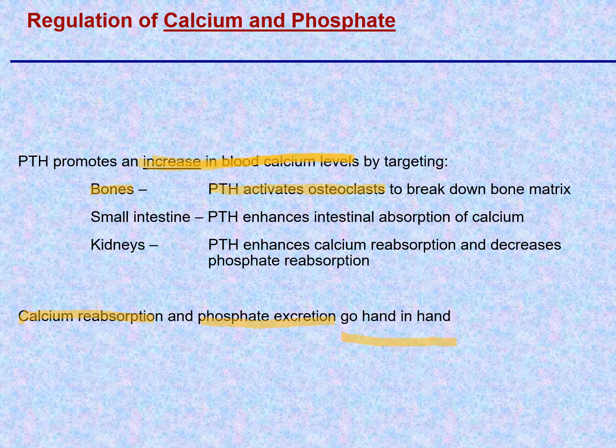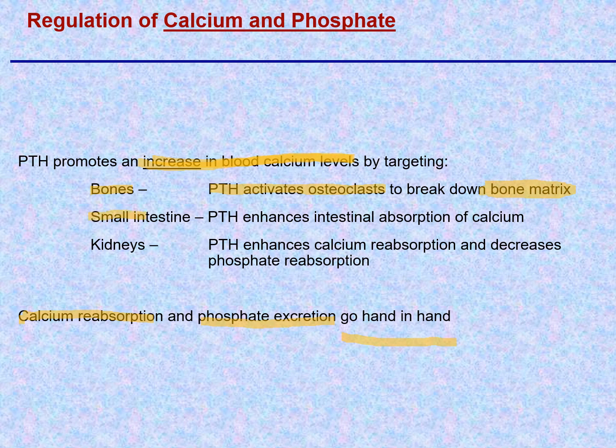I remind you that osteoclasts are cells in the bone that eat, or phagocytose, and break down the material of the bone matrix, the secreted material that was made into bone, right? So it'll activate those osteoclasts to break down the bone matrix and release more calcium into the plasma.